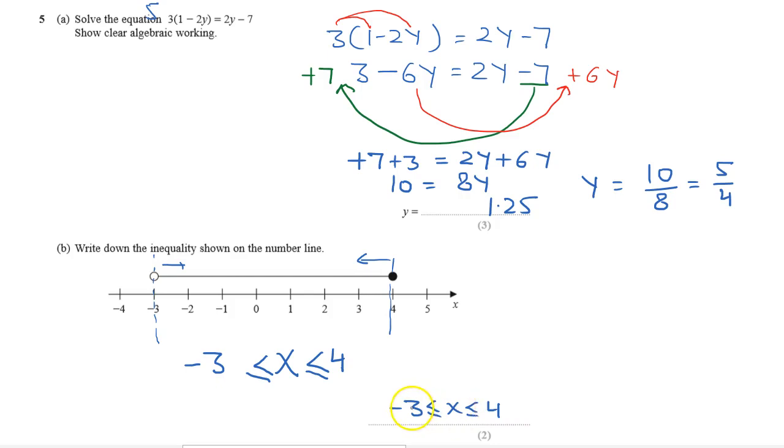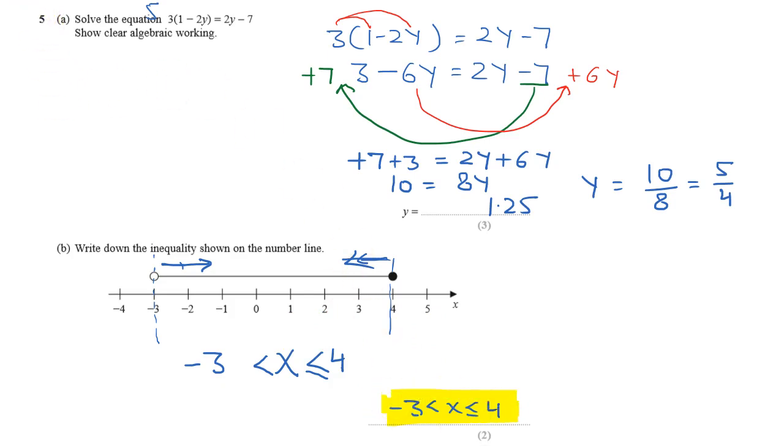So x is greater than -3, you can see here, and x is less than or equal to 4. Now this sign will not come here. Always remember not to make a mistake. The reason is this circle is not filled, so it will be just this. This will be the answer. Be careful when you write. Sometimes you think something and when you write it may be different.